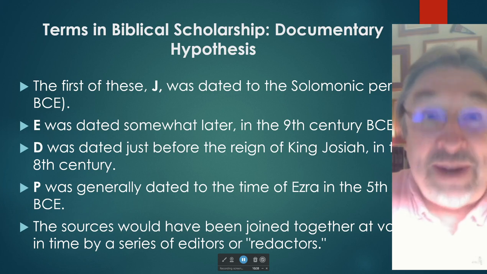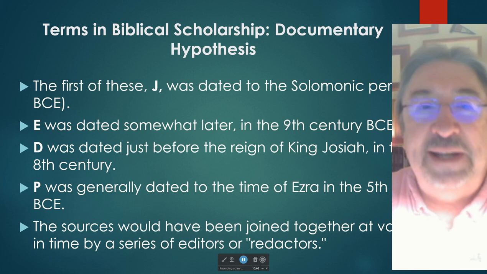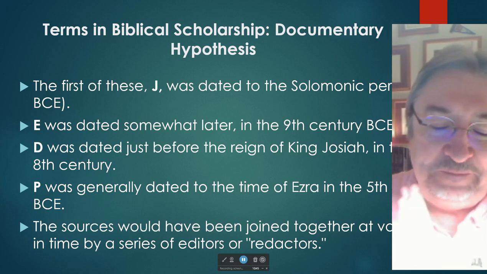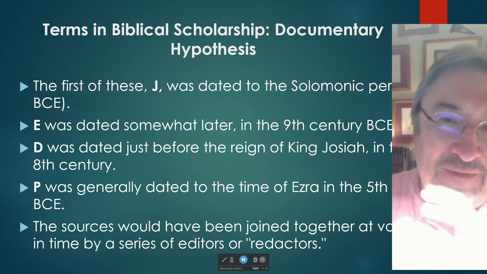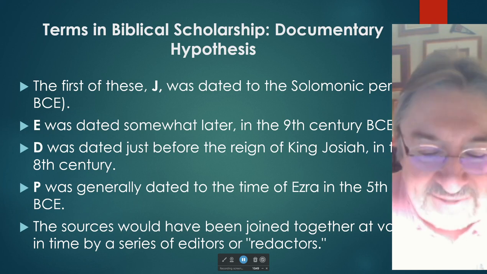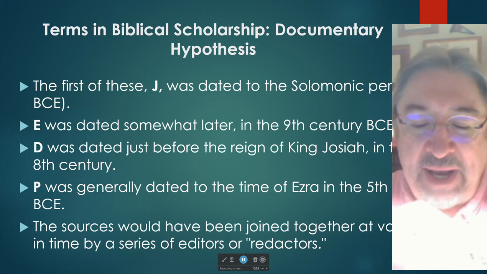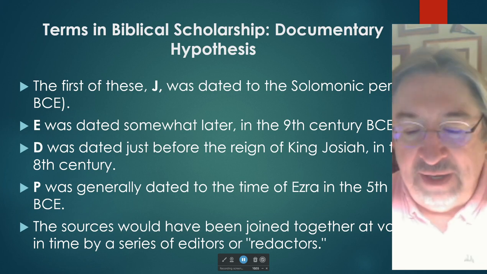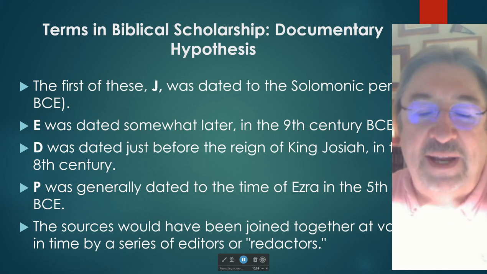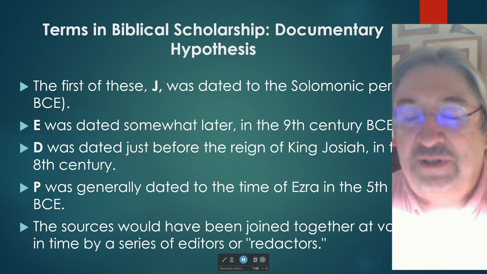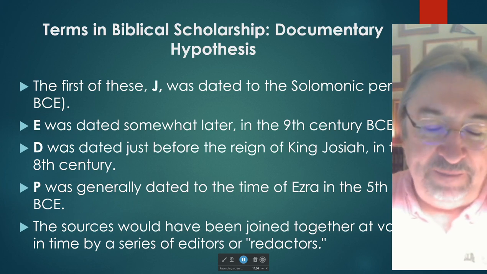So, about 1,000 years BC. Okay. The Elohist has been dated essentially later, and it's in the 9th century BCE. Okay, it came after the Yahvist. The Yahvist is the oldest at 950 BC.